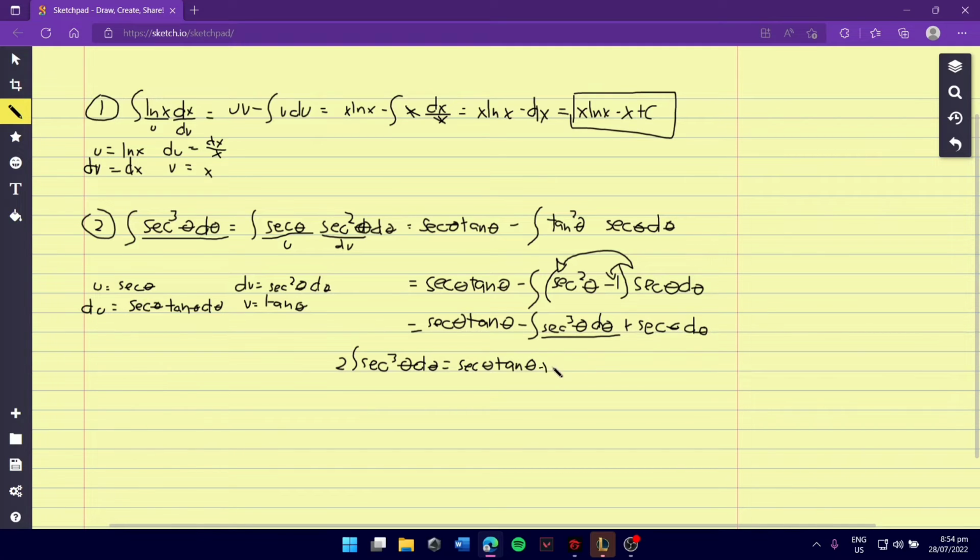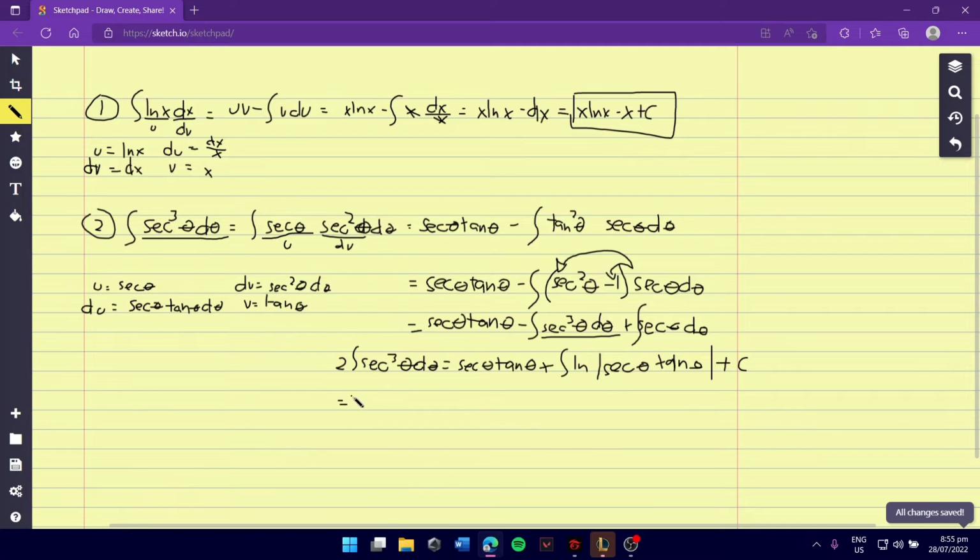So copy plus secant theta here, which will become the integral of secant theta, the ln of the absolute value of secant theta plus tangent theta, and then plus your arbitrary constant.